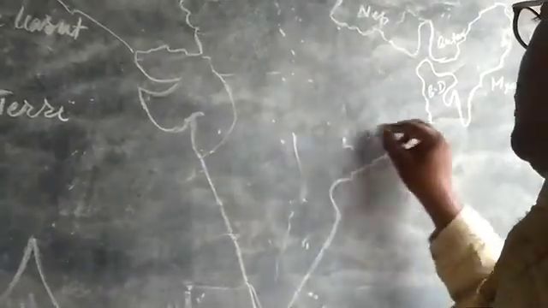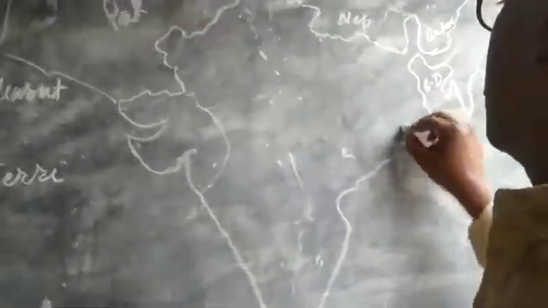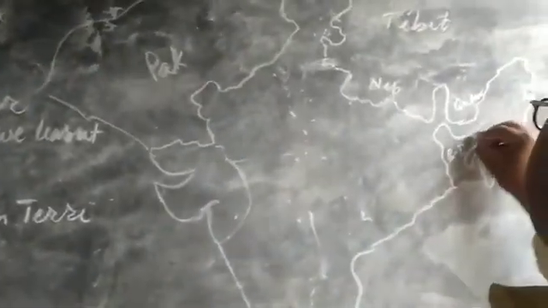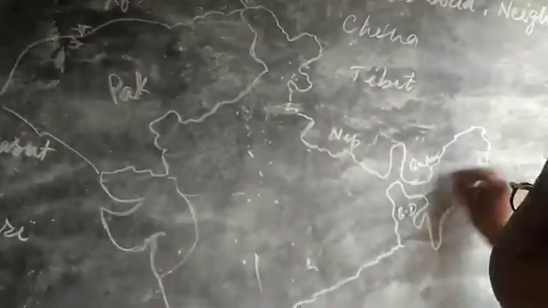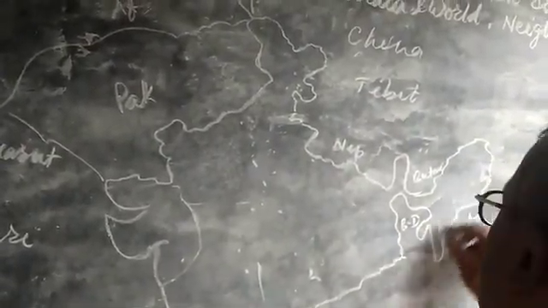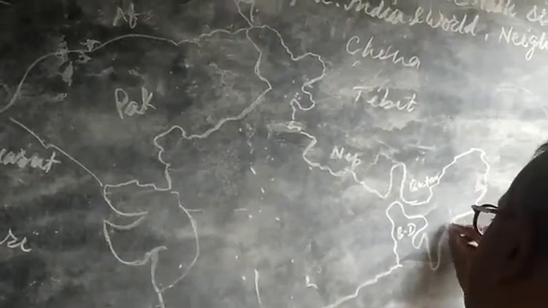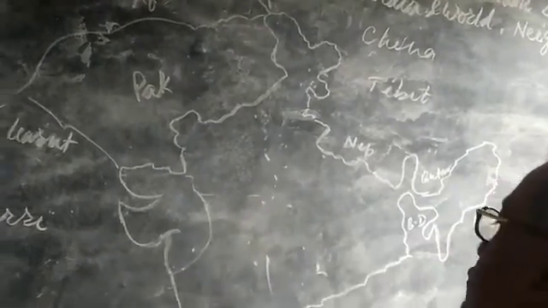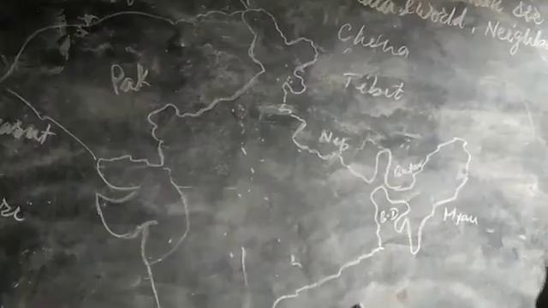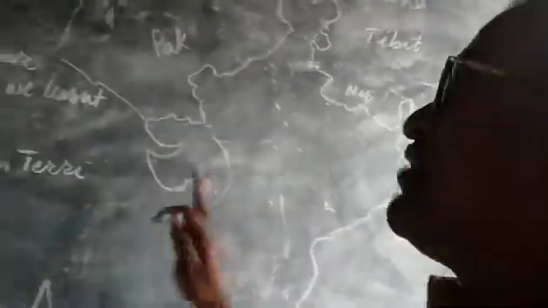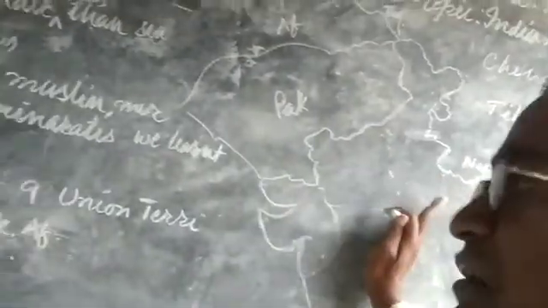Here it is Odisha, West Bengal, UP, Bihar, Sikkim, Arunachal Pradesh, Assam, here it is Meghalaya, Nagaland, Mizoram, Manipur, Tripura. So these are the different states of our country. Approximately 27 states are found in our country.